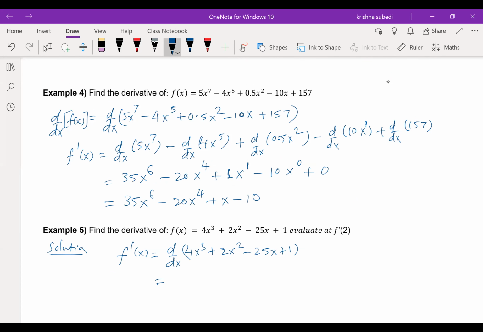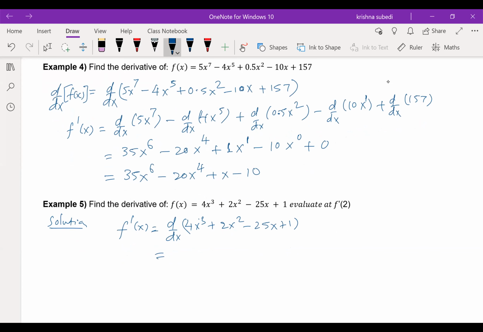So you can actually use the rule directly. This will be 4 times 3 is 12x squared, plus 2 times 2 is 4x raised to power 1, because 2 minus 1, minus 25 times 1 is 25x power 0, and the derivative of 1 is 0. So that's going to give me 12x squared plus 4x minus 25.